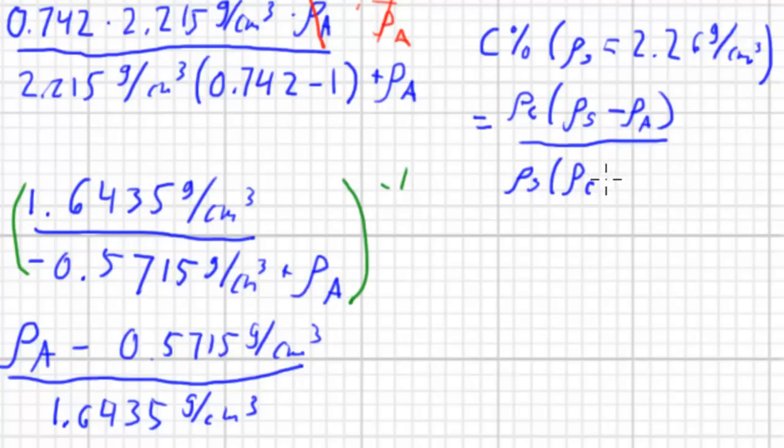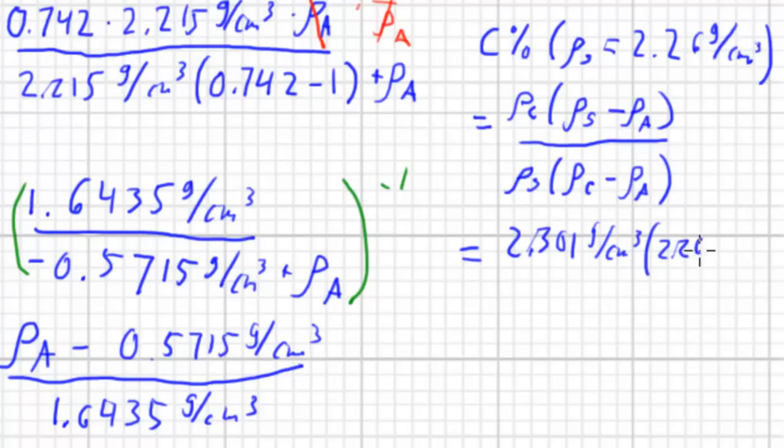Density crystalline minus density of the amorphous. Use our newfound values. Grams per cubic centimeter.